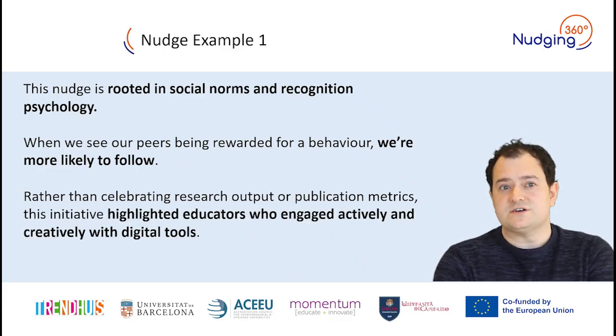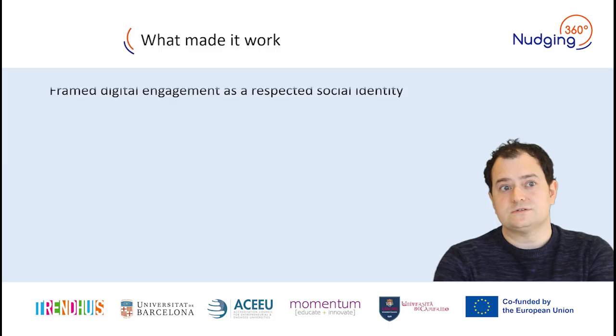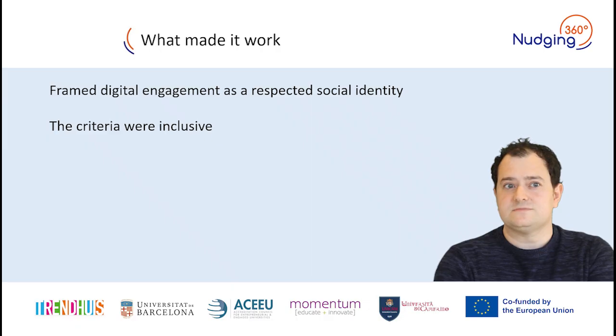Rather than celebrating research output or publication metrics, this initiative highlights educators who engaged actively and creatively with digital tools. What made it work? So firstly, it framed digital engagement as a respected social identity. The criteria were inclusive, focused on effort, creativity, improvement, and not technical perfection. Visibility was key.